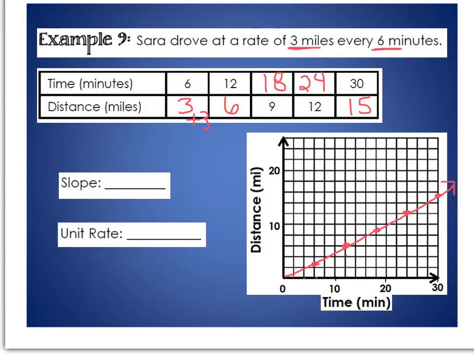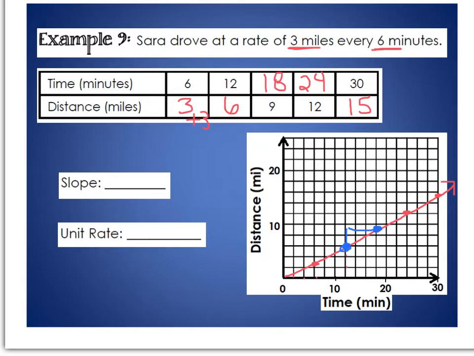So if I choose to find, let's say, from this point to this point, okay, I am rising 2, 3, and I am running 2, 4, 6.